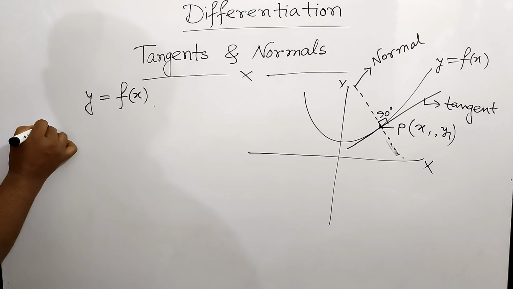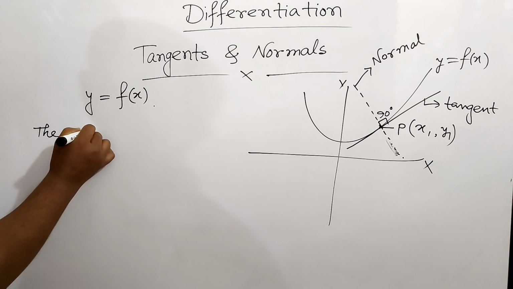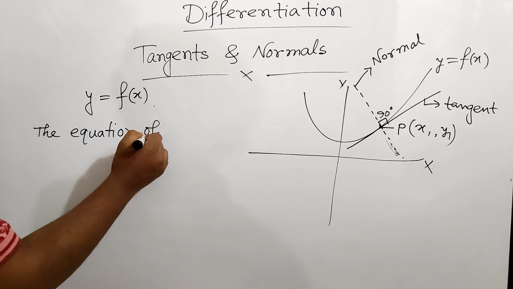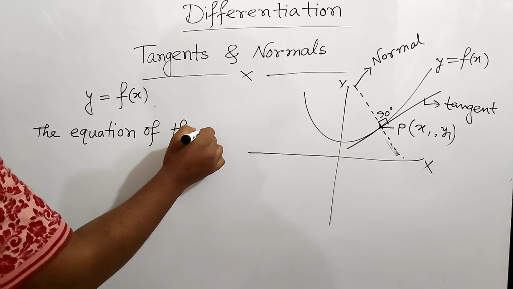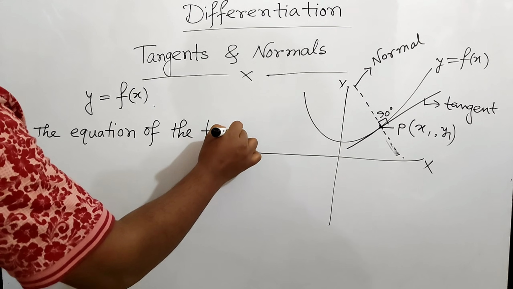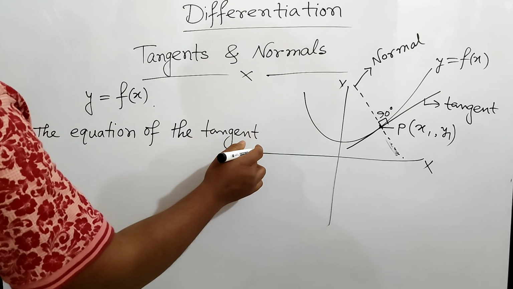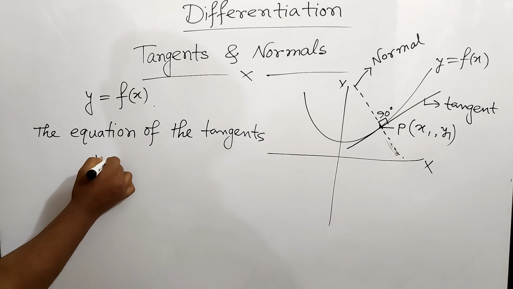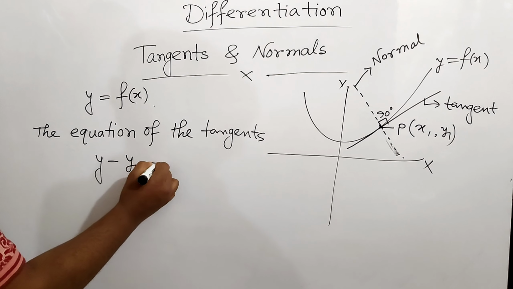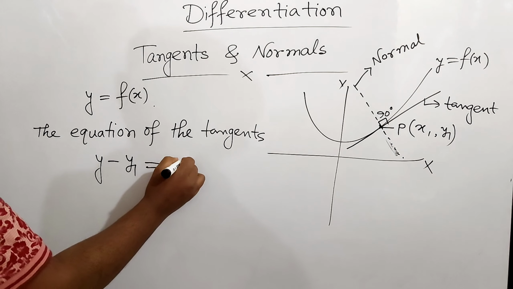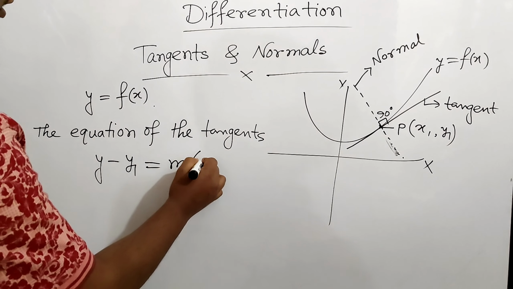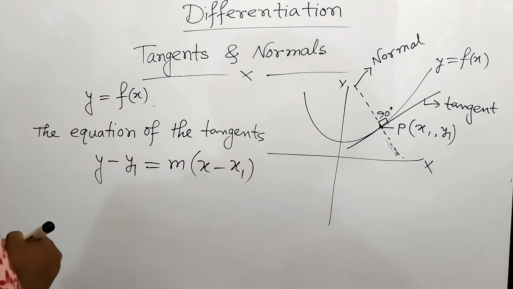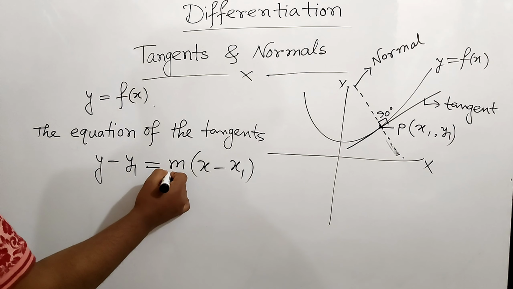So the equation of the tangent is y minus y1 equals m times (x minus x1). Now the question is, what is m?